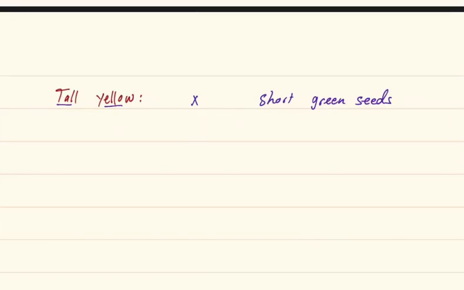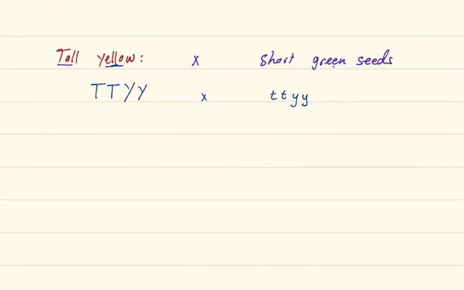So the genotype of the first one will be T capital, T capital, tall plant, with yellow seed, Y capital, Y capital. And the short, T small, T small, green seeds, Y small, Y small. Now, as we did before, how many gametes can be made? These are the parents.